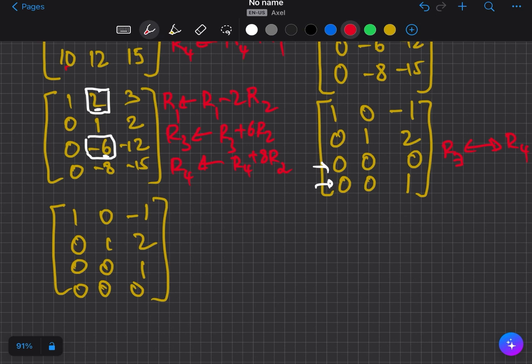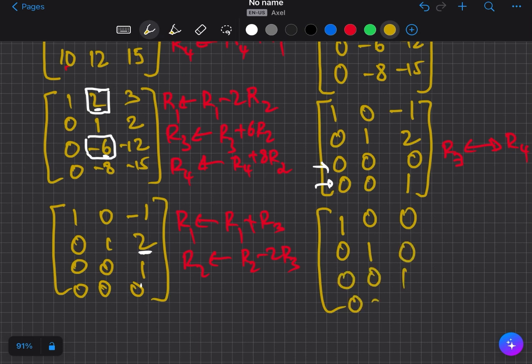If I do R1 equals R1 plus R3, because I need a 0 here, since I need a 0 above and below a leading 1, and then R2 equals R2 minus 2 R3, this will give me 1, 0, 0, then 0, 1, 0, then 0, 0, 1, and 0, 0, 0.